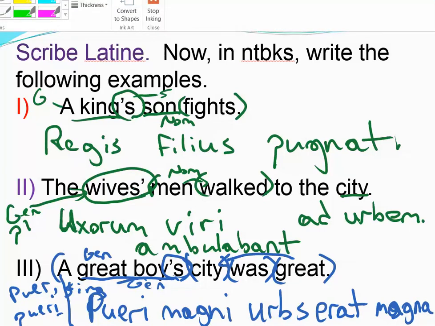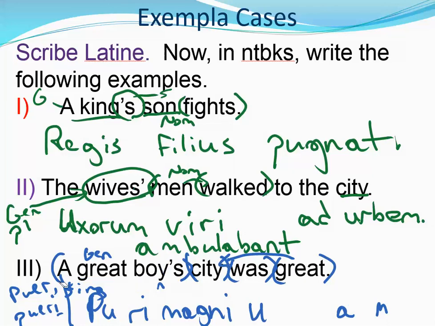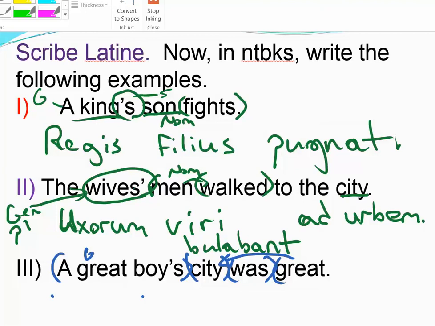One last thing that I would like to note for you guys is that another way to express genitive, besides this apostrophe S, is I can say "of the."